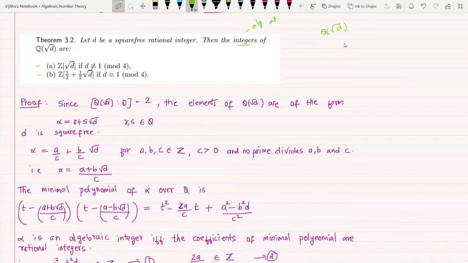Now the theorem says that the algebraic integers of Q of root D are of two forms.